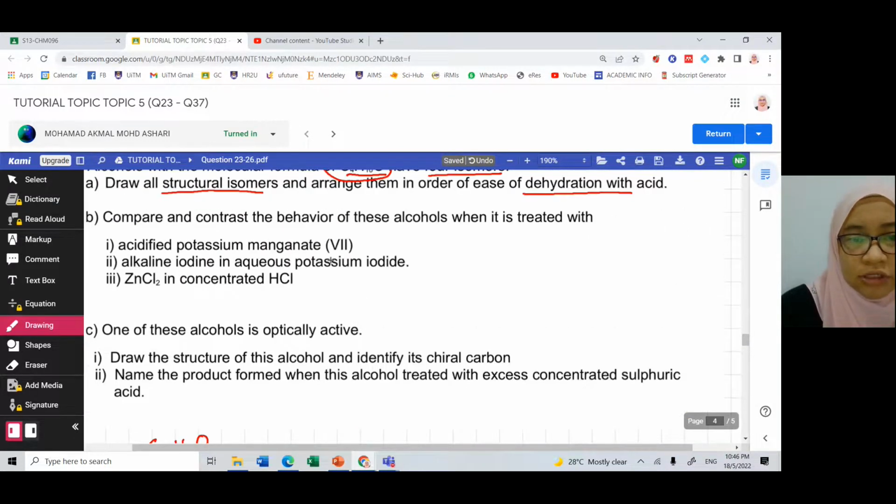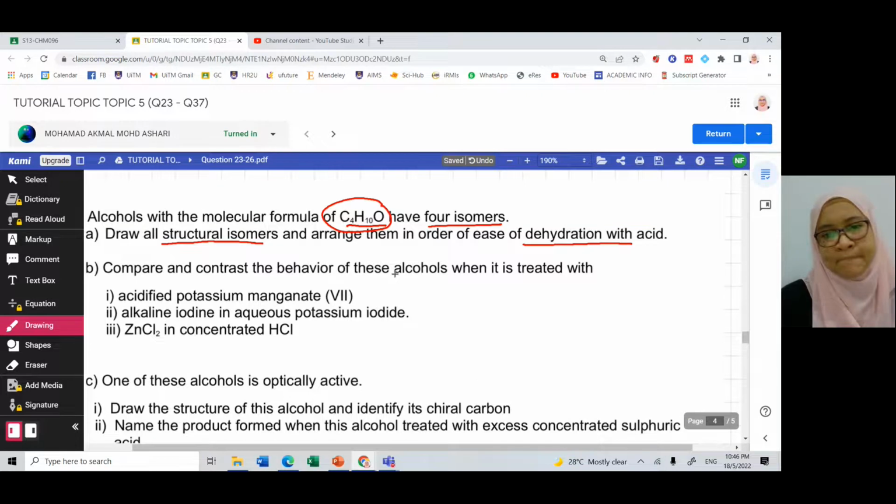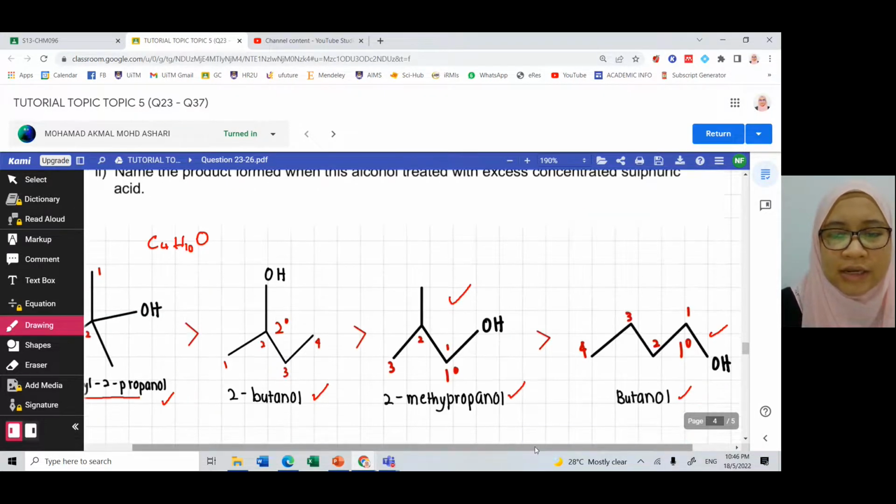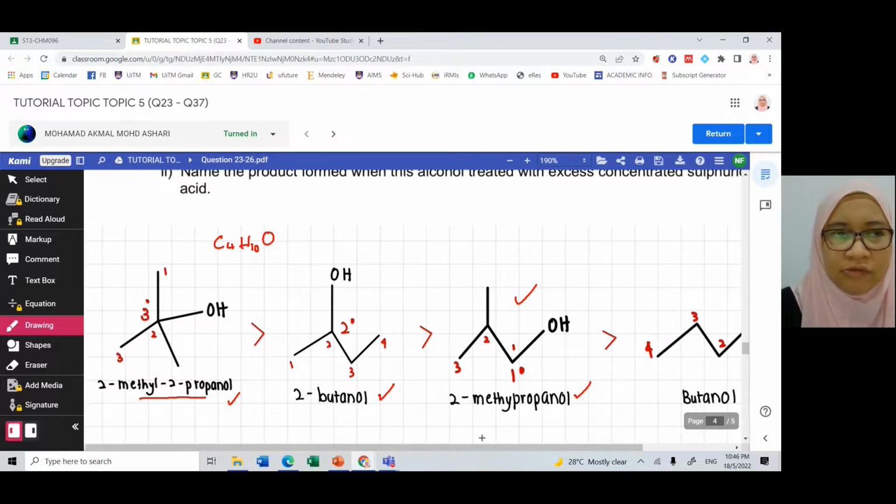And then the second question is to arrange them in order of ease of dehydration with acid. So we have to arrange which one is easier to undergo dehydration.